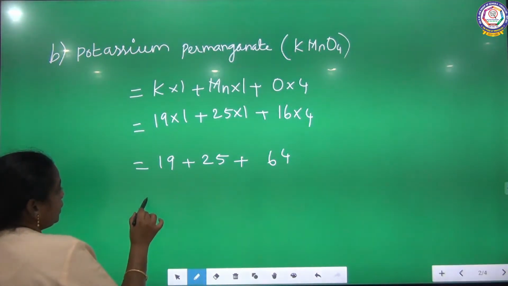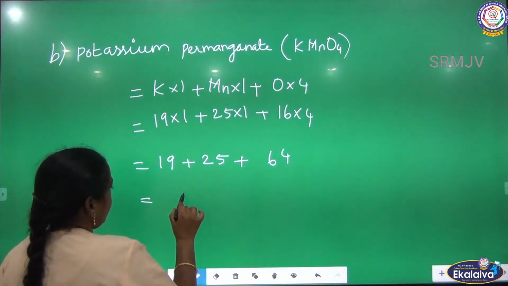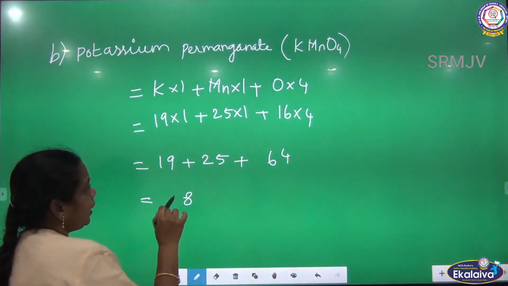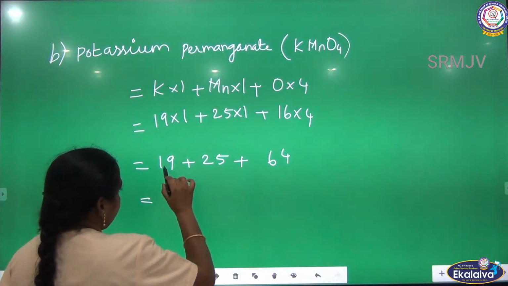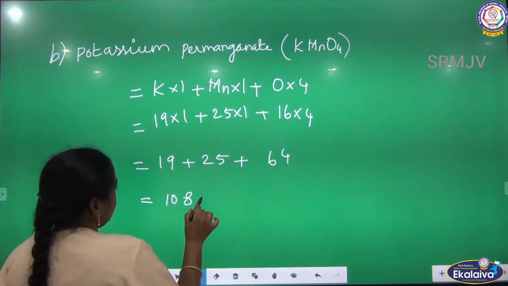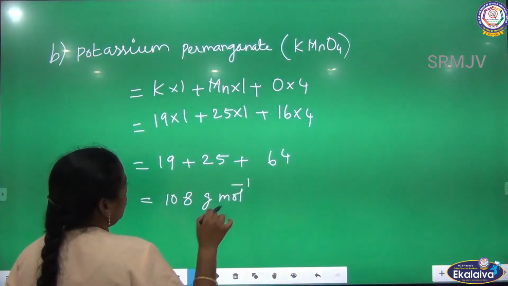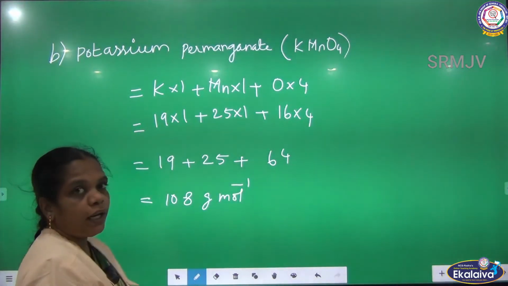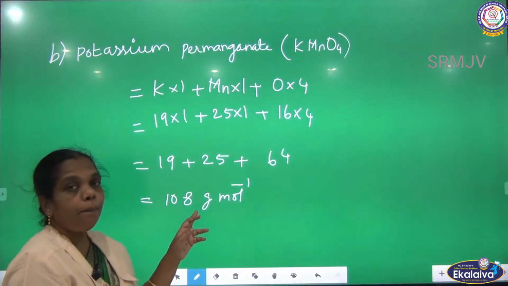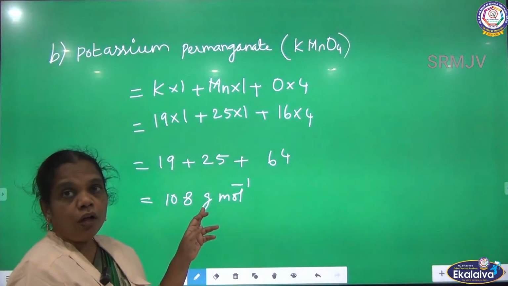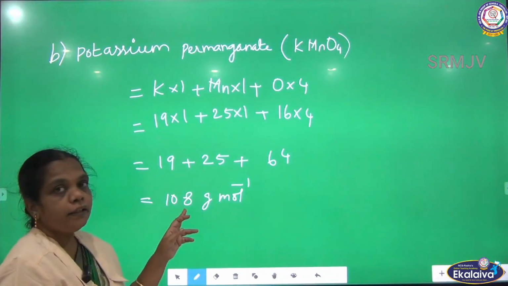Now you add this. 4 plus 5, 9, 9 plus 9, 18. Remainder 1, 7, 9, 10. This is gram per mole. So what is the mass of potassium permanganate? 158 gram per mole. 1 mole of potassium permanganate contains 158 grams.